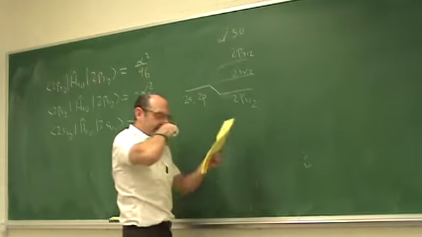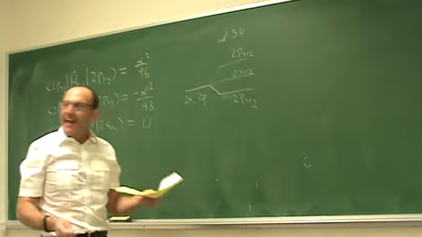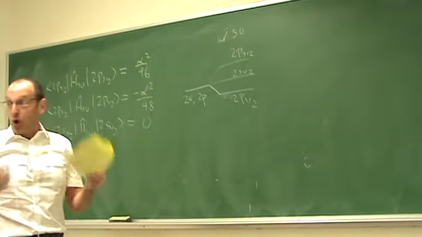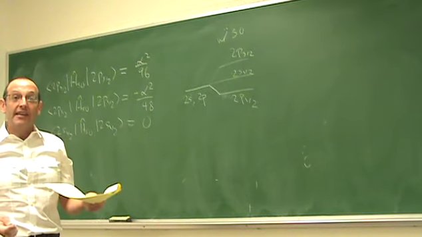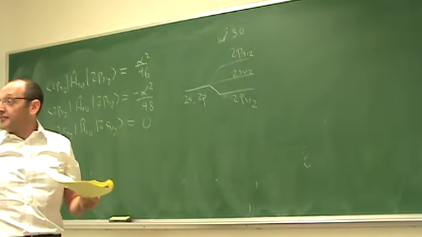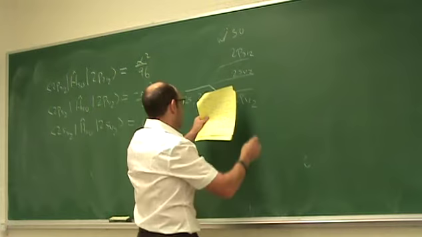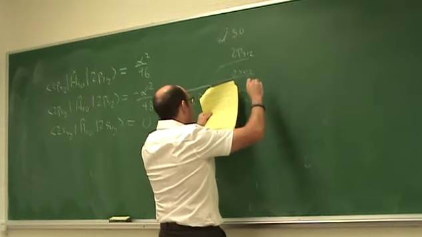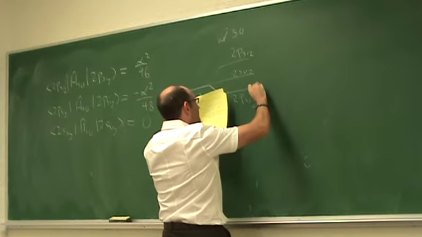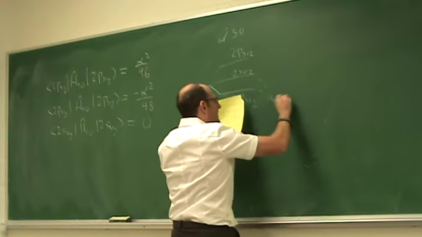But now we also add back in the Darwin term and the relativistic kinetic energy term to get the total relativistic correction. And what do we get? When you put that all together, you find the following. These guys come back together.